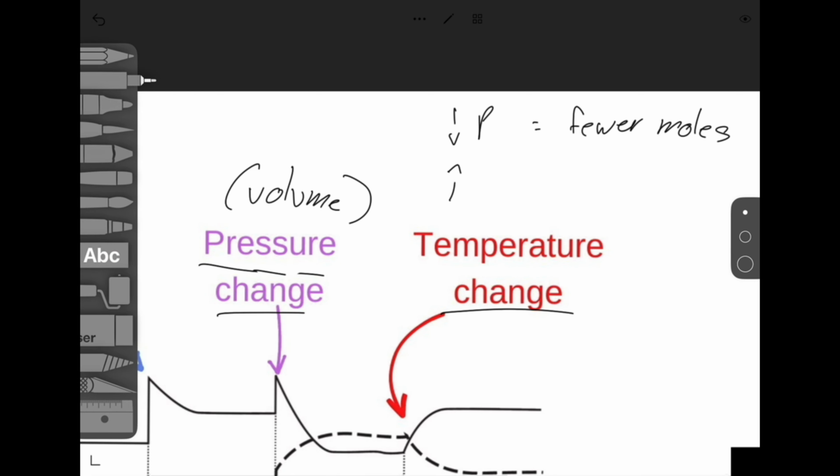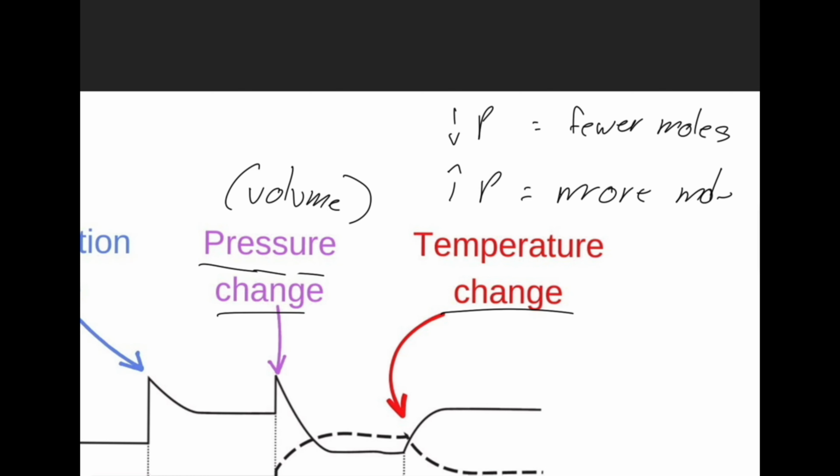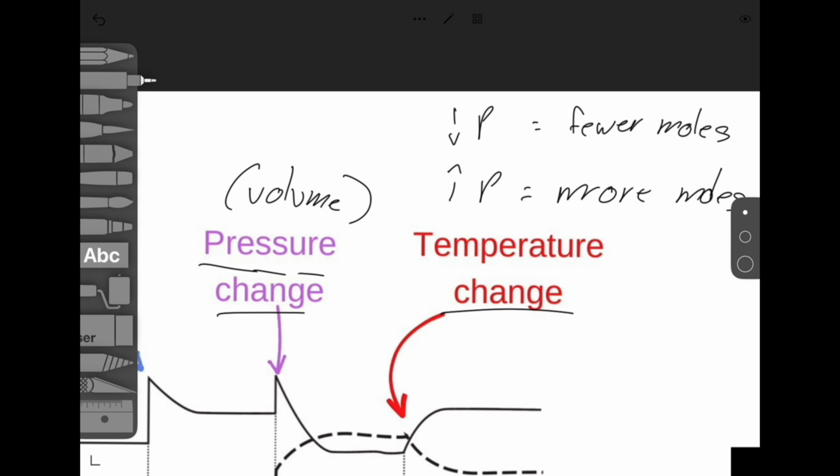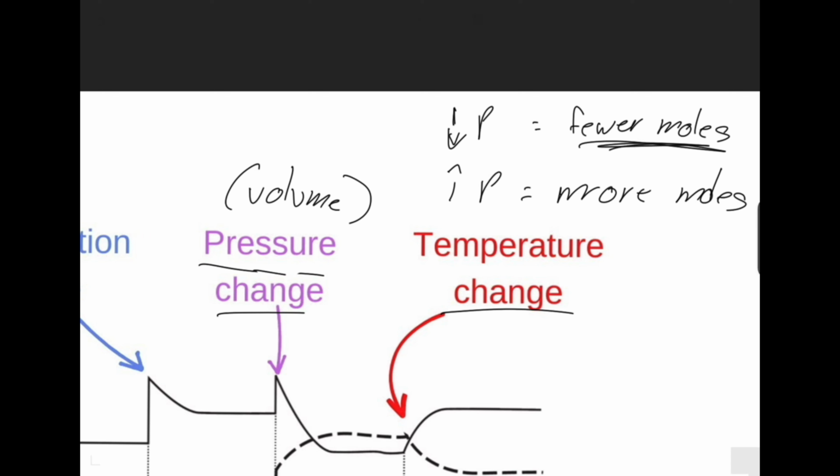However, if pressure is increasing, it will shift towards the side with more moles. So a trick can be, if it increases, it goes towards the side with more, because it's becoming more. And if the pressure is decreasing, it goes towards the side that has decreased or less number of moles.